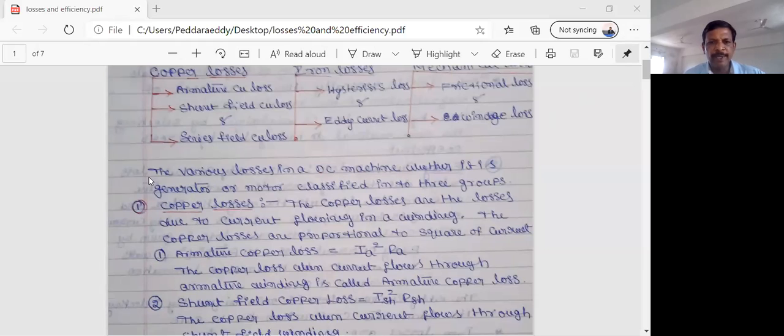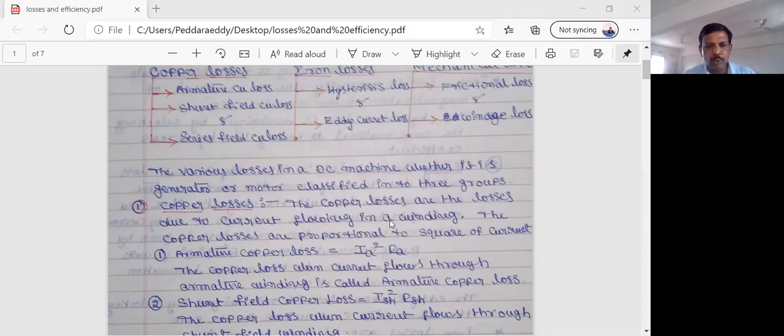First of all, the various losses in a DC machine, whether it is a generator or motor, are classified into three types. Number one, copper losses. What is copper loss? The copper losses are the losses due to current flowing in a copper winding.